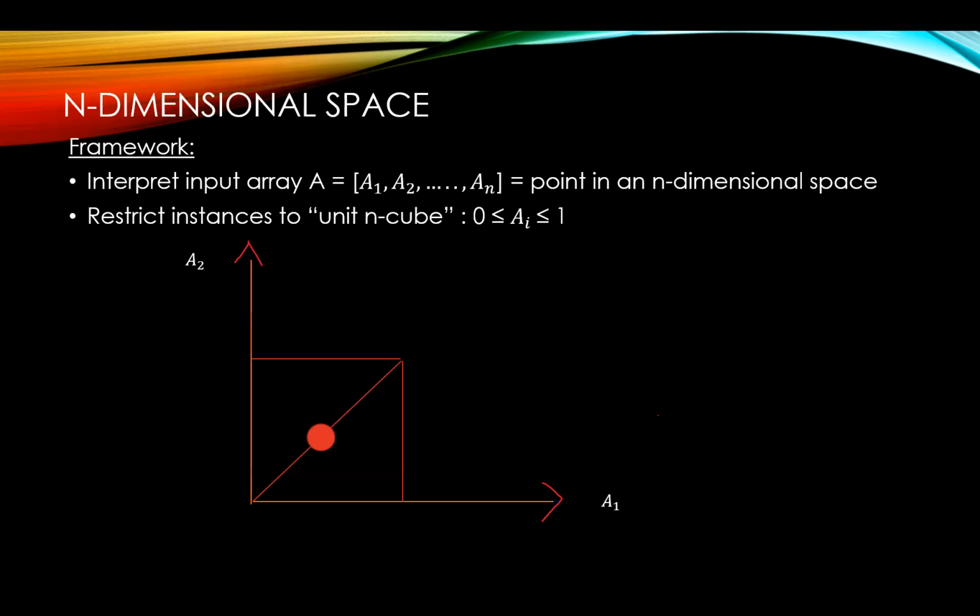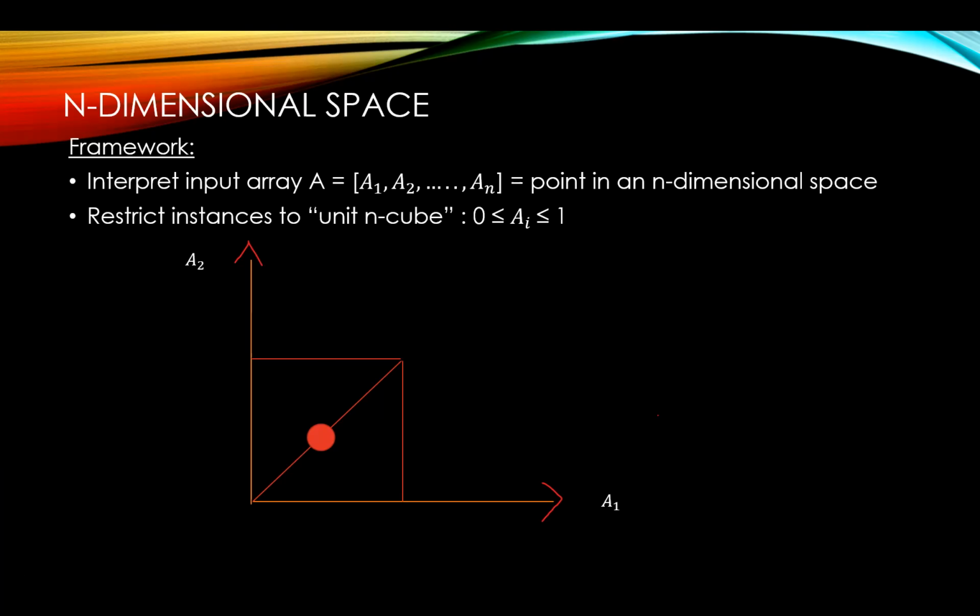visualize an n-dimensional space as a two-dimensional space. For our instance, first coordinate is A1, second coordinate is A2. So this is our A1 axis, this is our A2 axis. This is the unit cube in 2 dimensions.